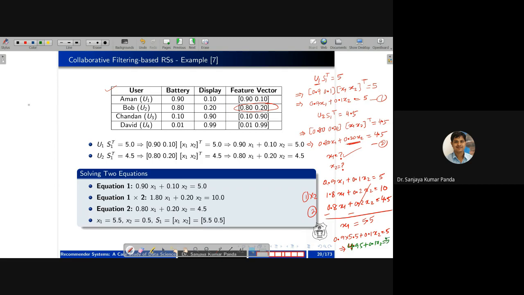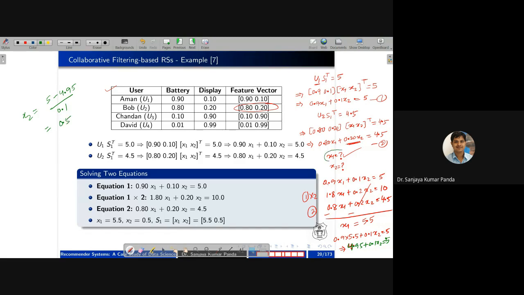So x2 is nothing but 5 minus 4.95 divided by 0.1. So 5 minus 4.95 is 0.05, divided by 0.1. If you do this, you will get the value as 0.5.